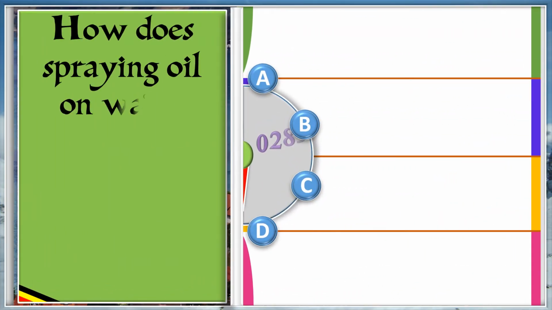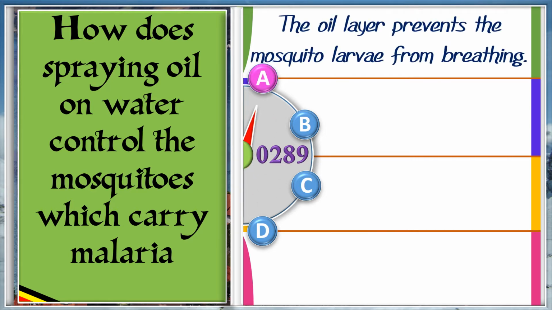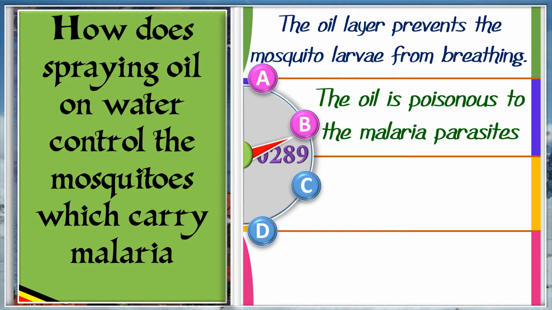Does spraying oil on water control the mosquitoes which carry malaria? A. The oil layer prevents mosquito larvae from breathing. B. The oil is poisonous to the malarial parasites.